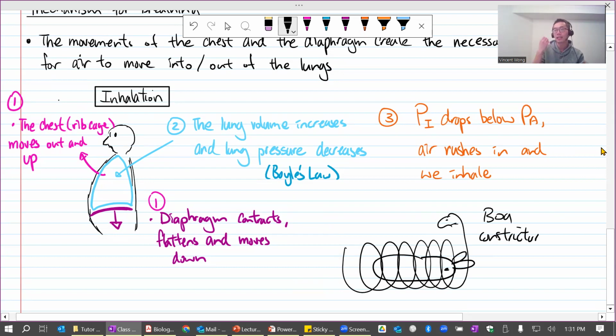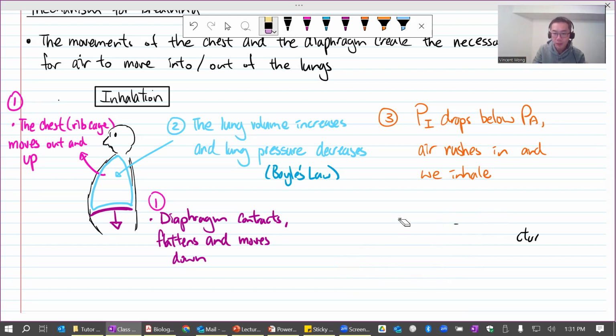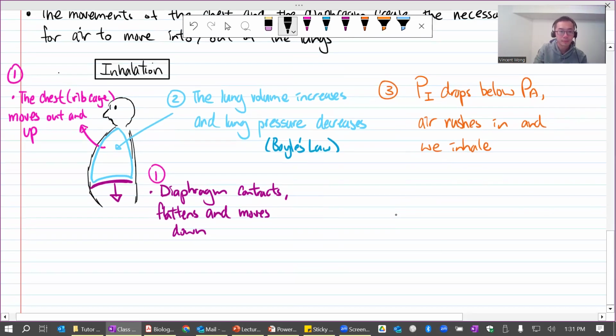Essentially, it doesn't allow the prey to expand the chest. Without expanding the chest, they can't breathe in, right? And that's how they kill their prey, right? So hopefully you understand why the chest movement has to precede the air movement.